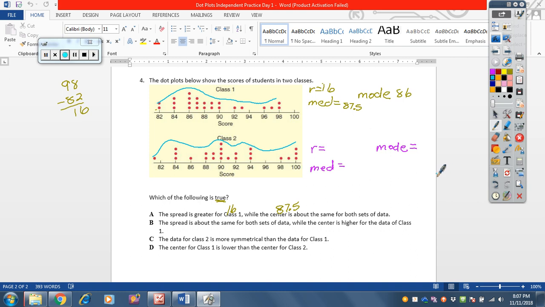And D says the center for class 1 is lower than the center for class 2. Remember, center means median. The median for class 1 is 87.5. What is the median for class 2?